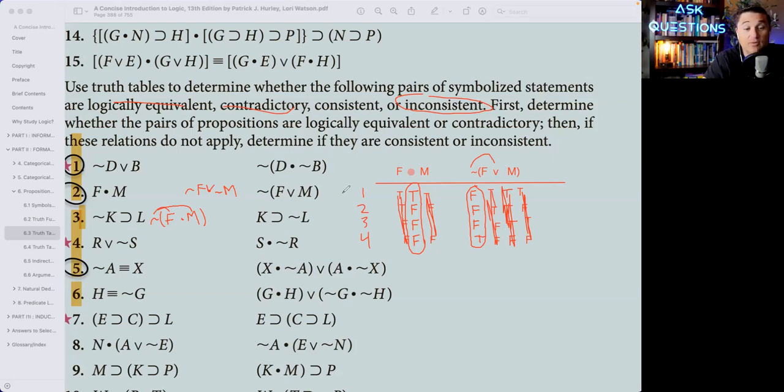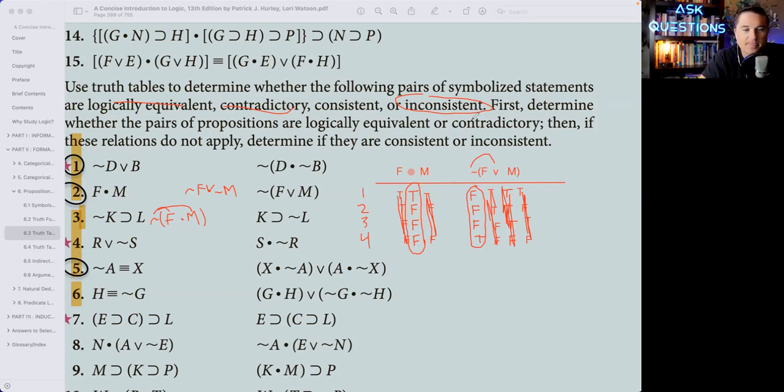And we won't find that. In row 1, are both statements true? No, this one's true, but this one isn't. And in row 2 and 3, both statements are false, so they can't both be true. And in row 4, are they both true? No. Well, this one's true, this one isn't. And so if there's no row where both statements are true, then by definition, the two statements are logically inconsistent.